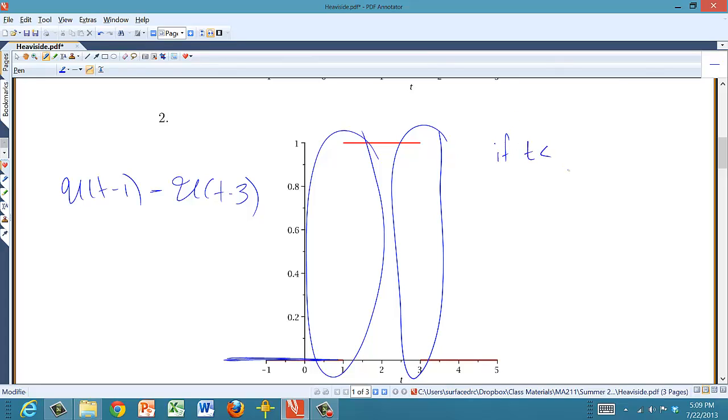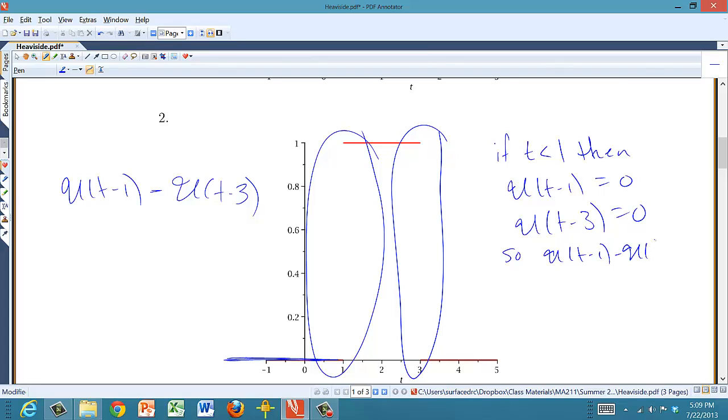If t is less than 1, then u evaluated at t minus 1 will be 0, and u evaluated at t minus 3 will also be 0, so you'll get 0 minus 0 equals 0. So u of t minus 1 minus u of t minus 3 equals 0 for times less than 1.